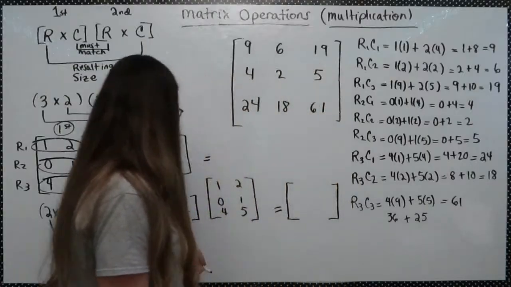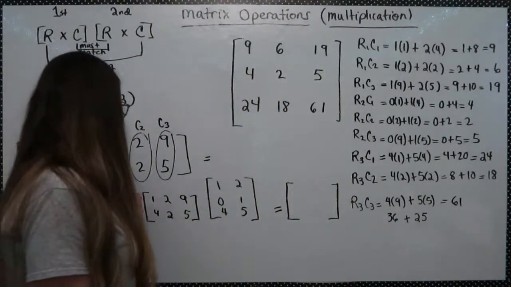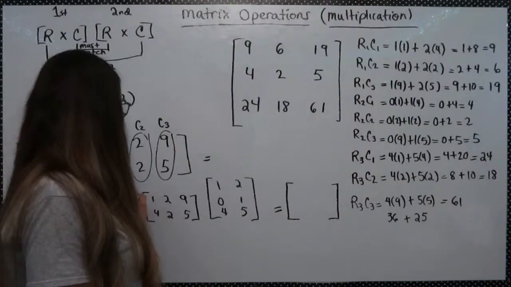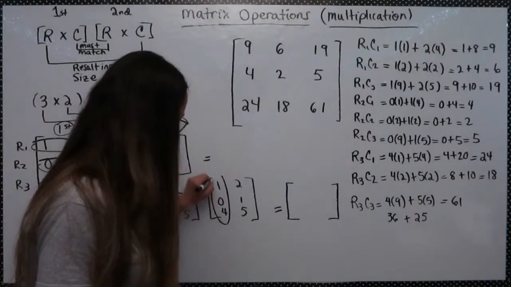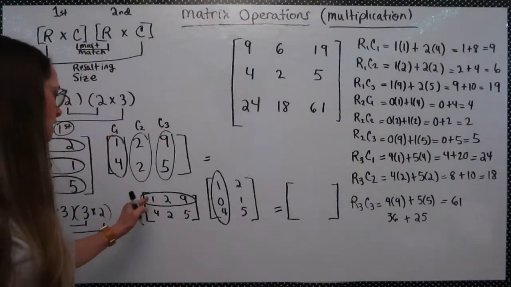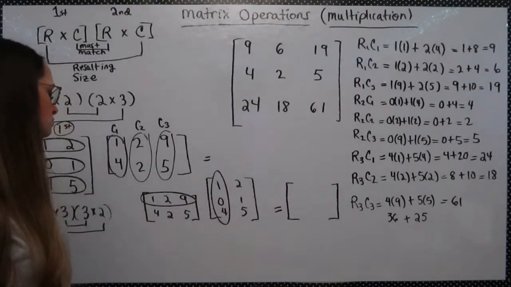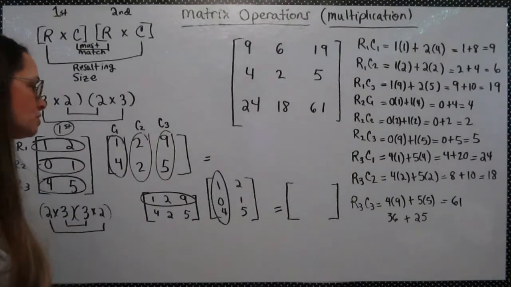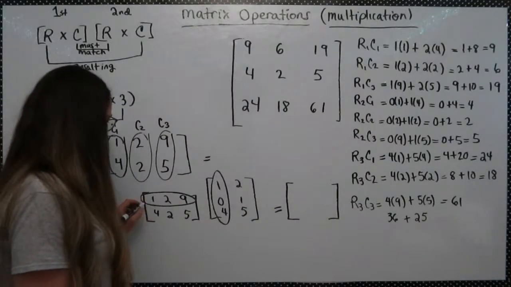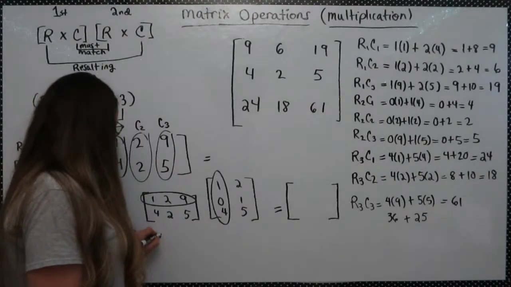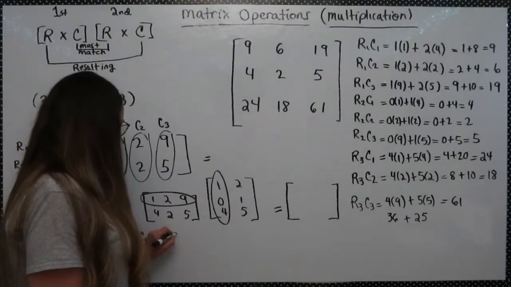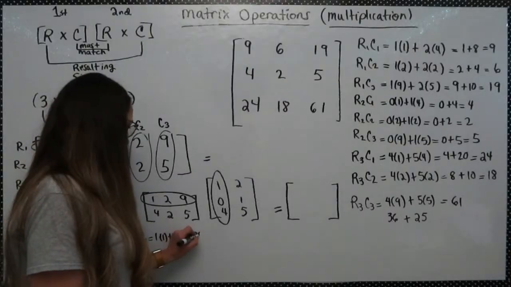2 rows, 2 columns. And that is because when you do the dot product for the rows and columns, you're doing this entire value times this entire value. So each entry is going to have 3 multiplications rather than just 2. So this row 1, column 1 becomes 1 times 1 plus 2 times 0 plus 9 times 4.